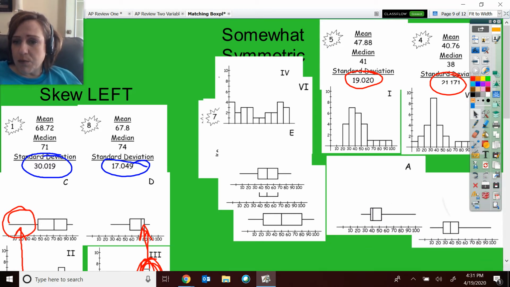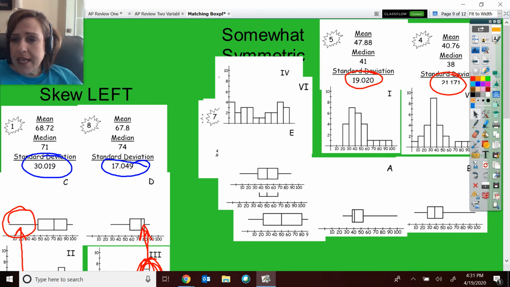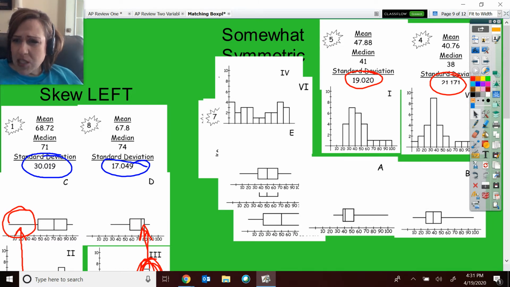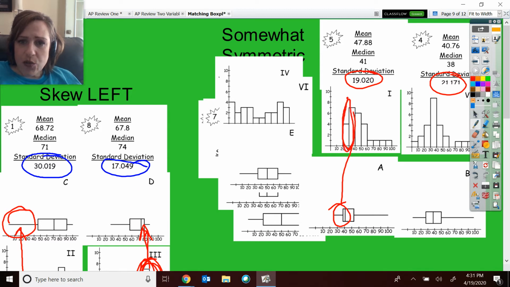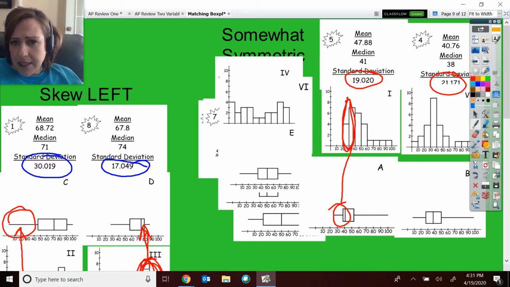Now let's take a look at this box plot. I can tell with this box plot A, I've got some good condensed values right here. I'm going to say that's going to correspond to this section right here being so condensed. Okay, so these are definitely less spread out.